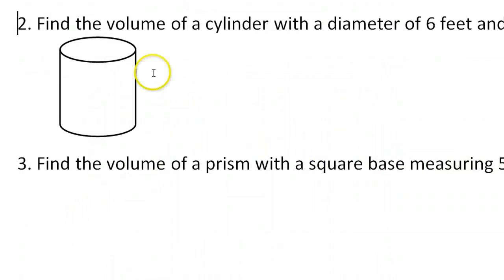For number 2, we're supposed to find the volume of a cylinder with diameter 6 feet. When they talk about a diameter of 6 feet, they're talking about this. Of course, if the diameter is 6 feet, that means the radius is 3 feet.